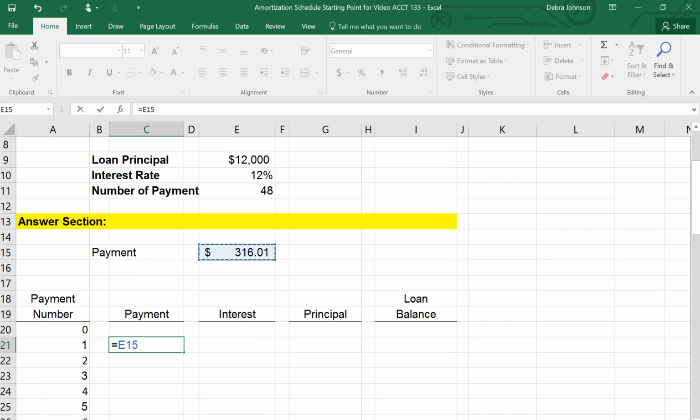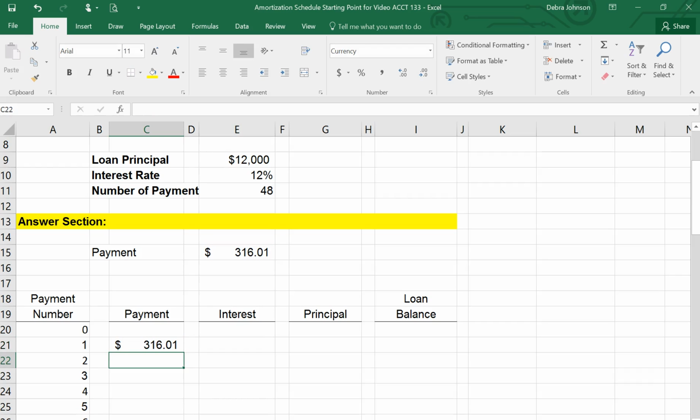As you will recall, the F4 key will toggle between the absolute and relative cell address. So when I press F4, I make my formula static so that it won't change as I copy my cells down.